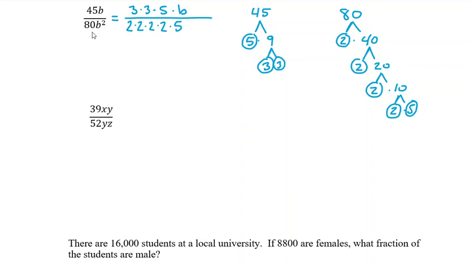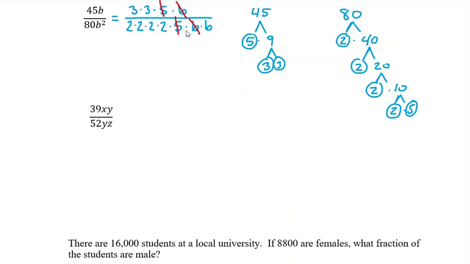Yeah. But then there's a b squared, and what does b squared mean? Well, b squared means b times b. So we write that out. We can write b squared in factored form. All right, now we get to do the fun part. Let's cross off the factors that are the same. And notice there's a 5, and there's a b.